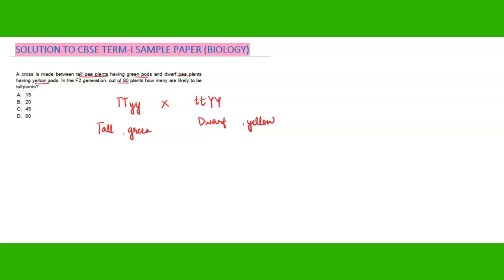Don't get confused because this is just an example of dihybrid cross, but in your NCERT, they have given homozygous dominant is crossed with homozygous recessive. Here they have not taken both the dominant characters together. Okay, so that's the only difference. We'll work it out.